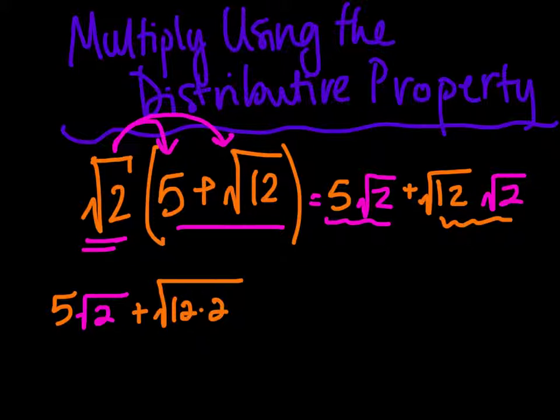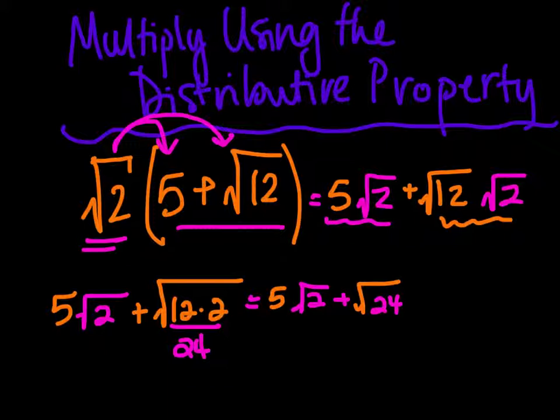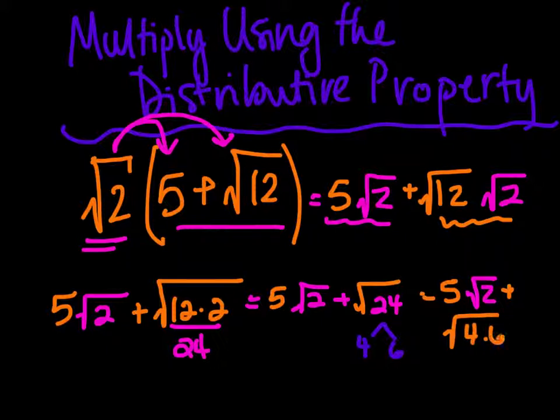So all of this is then equal to 5 square root 2, as always, plus the square root of 24. 24, we can break that down into a 4 and a 6. That means we can say that this is equal to 5 square root 2 plus square root of 4 times 6. Square root of 4, if we were to bring that out, we get a 2.